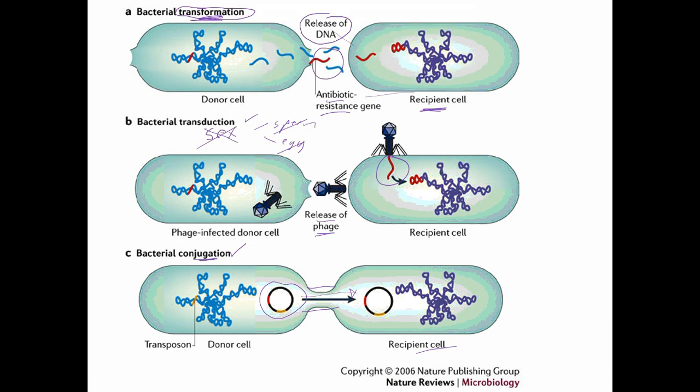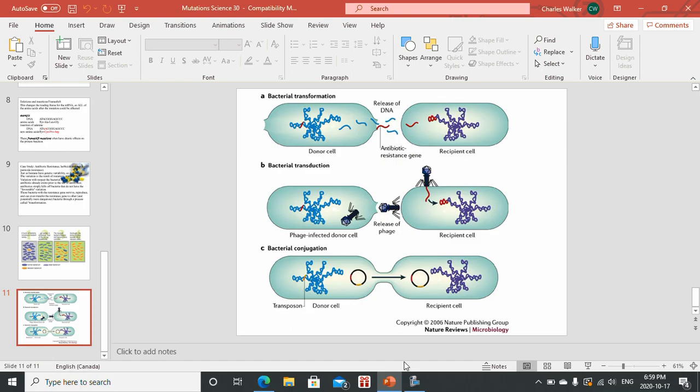It's not acquiring the new trait due to sex. It's acquiring the new trait simply from picking it up from other bacteria through various different mechanisms, but it is coming from other bacteria ultimately. So this once again can lead to variation within, in this case, the bacterial population. This sort of thing doesn't take place with plants or animals. It's strictly going to be bacteria that we're talking about.